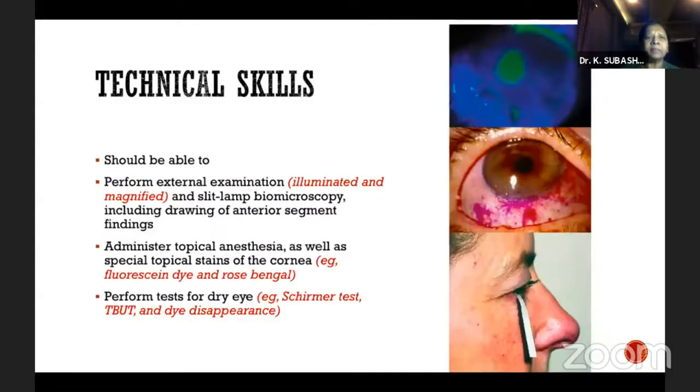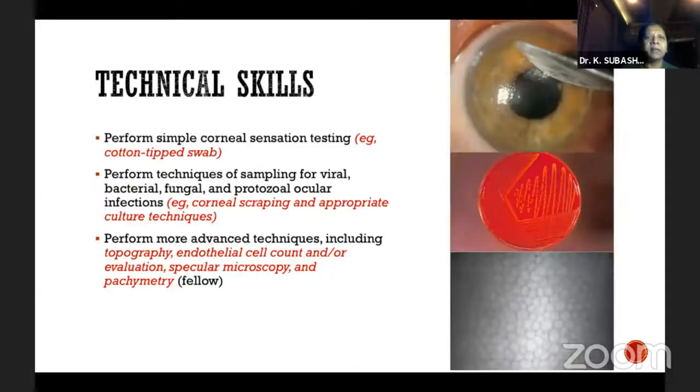The technical skills that the trainee should develop: should be able to perform an external examination, illuminated and magnified, and slit lamp biomicroscopy, including drawing of the very important anterior segment findings, the slit diagram, and should be able to administer topical anesthesia as well as special topical stains of the cornea, like fluorescein dye, rose bengal, and lissamine green, and perform the tests for dry eye like Schirmer's, TBUT, and dye disappearance test.